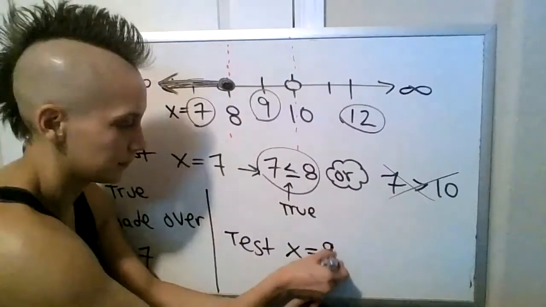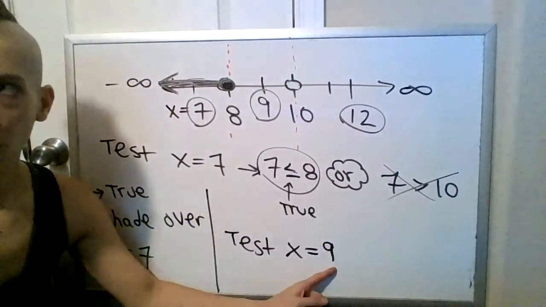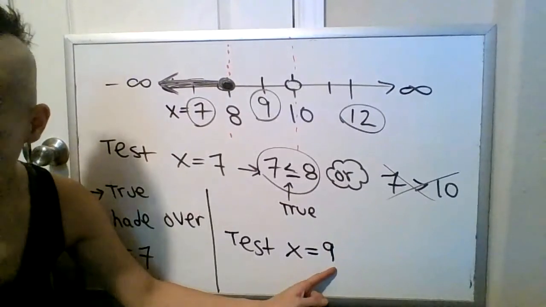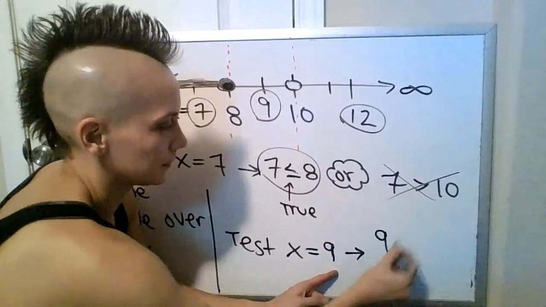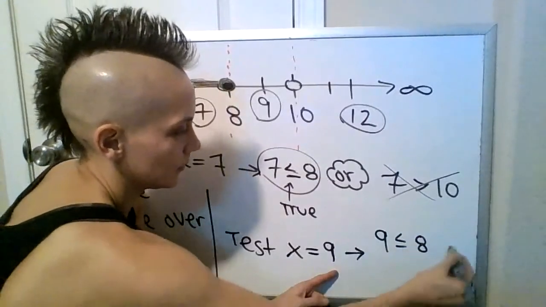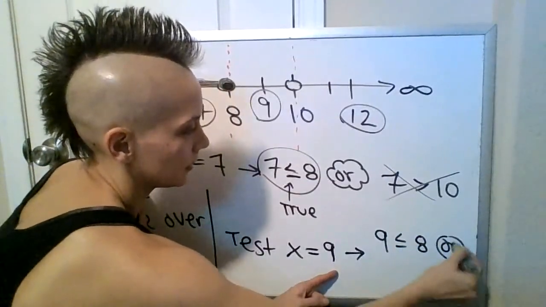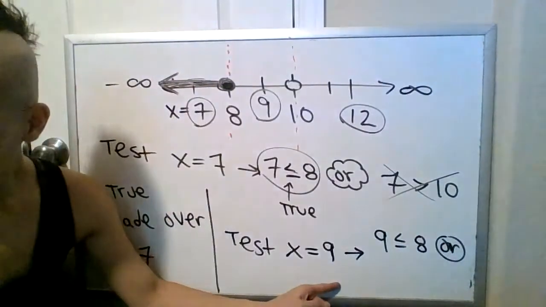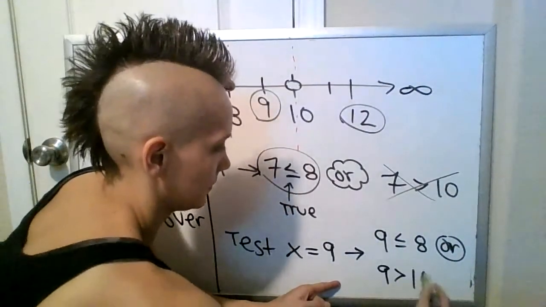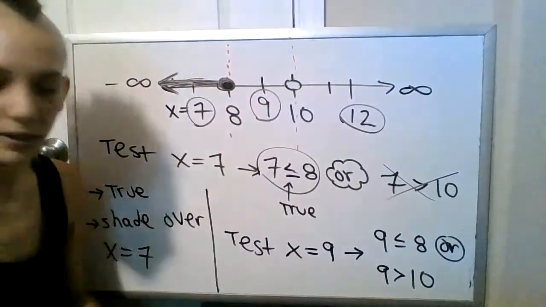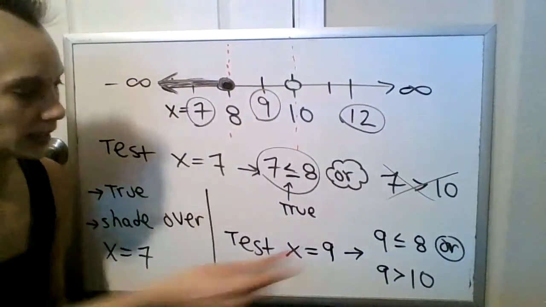Okay. So, in your set, is 9 less than or equal to 8? Is 9 greater than 10? First one's false. 9 is not less than or equal to 8.